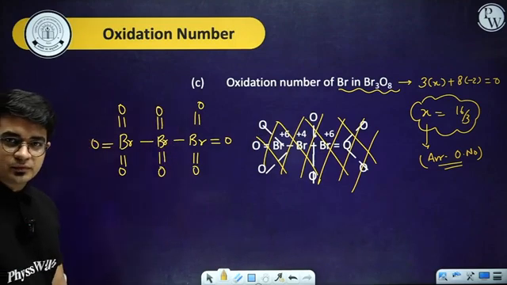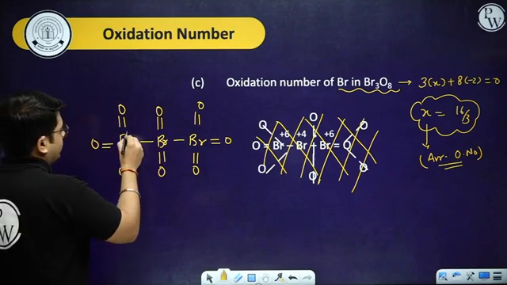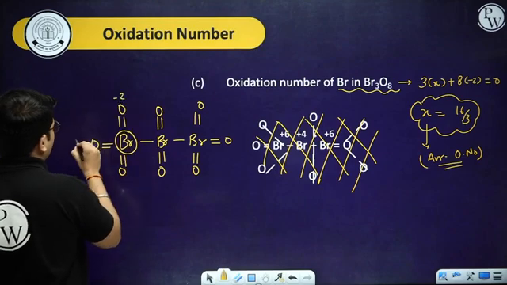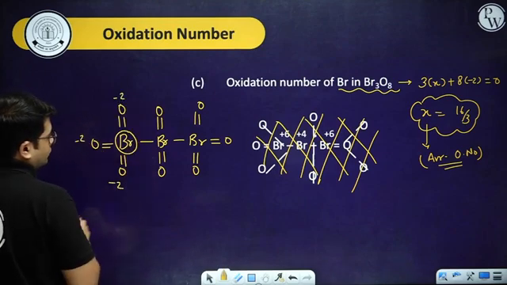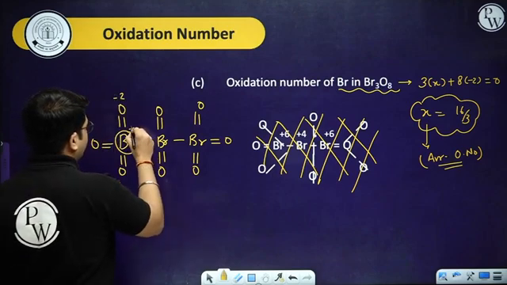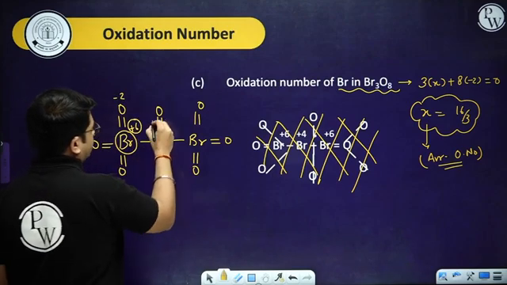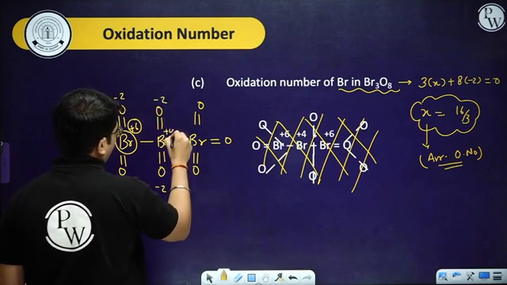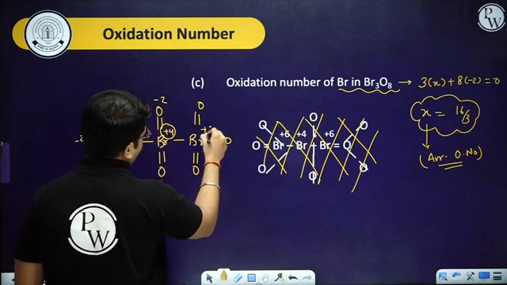Okay, done. Now Br is less electronegative than oxygen, so that will be -2, -2, -2. Br same, so no charge separation. In that case, that will be +6. In this case, only -2 and -2, that will be +4. And again, this is like same, which is +6.